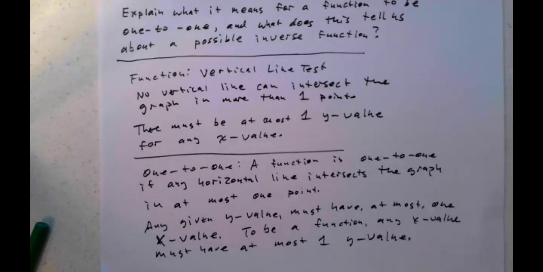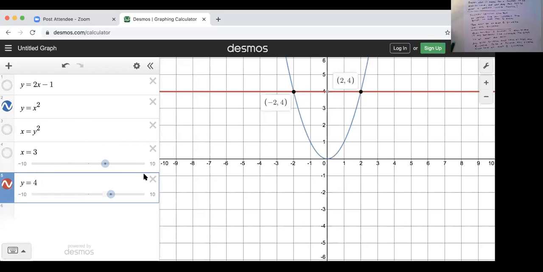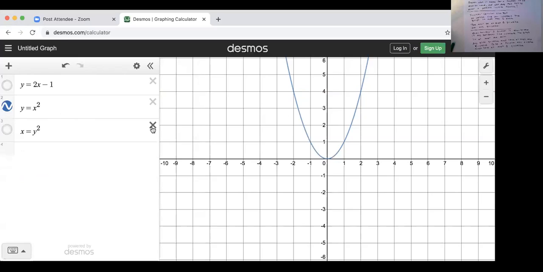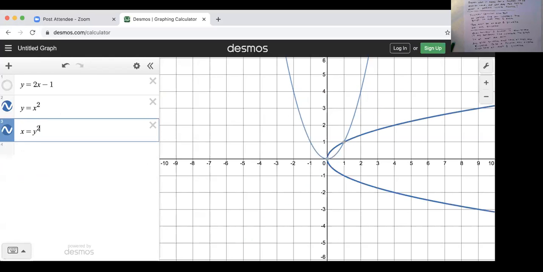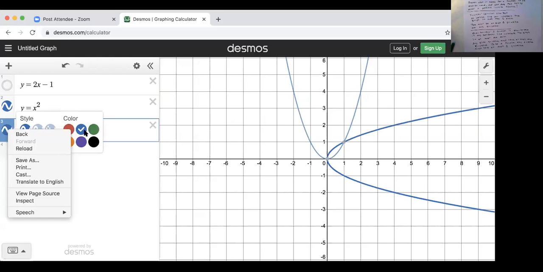Now, what do we know about that? If we go back and look at this y equals x squared, this is not 1 to 1 because a horizontal line will cut it in 2 points. Because if we would do its inverse, remember to do an inverse, x becomes y becomes x. This is what the inverse would look like.